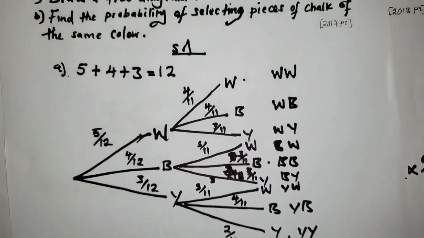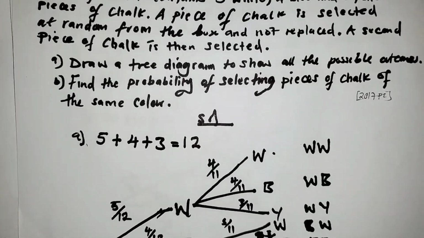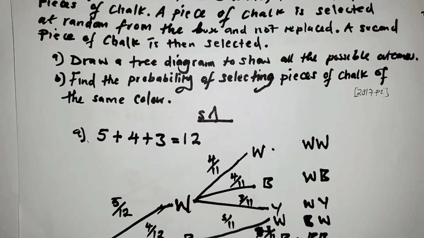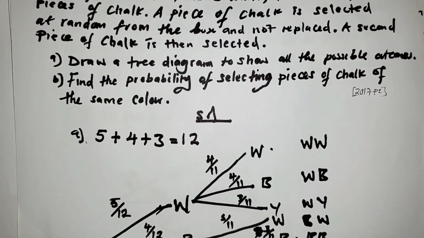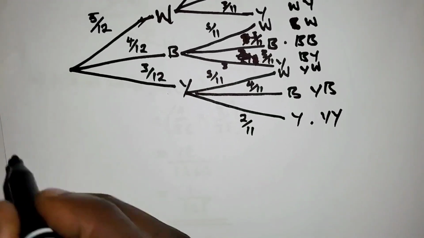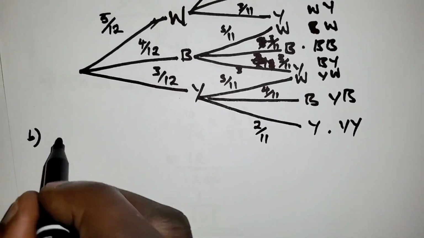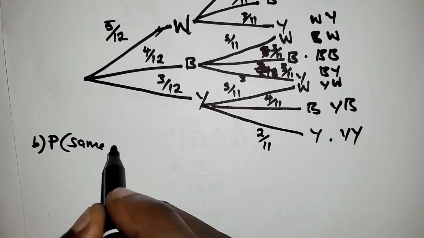Okay, so the second question is saying, find the probability of selecting pieces of chalk of the same color. So here, this is B. We're going to say probability of same color.